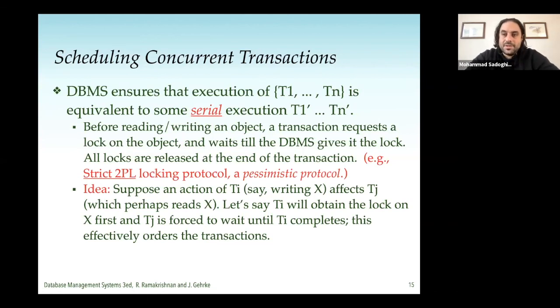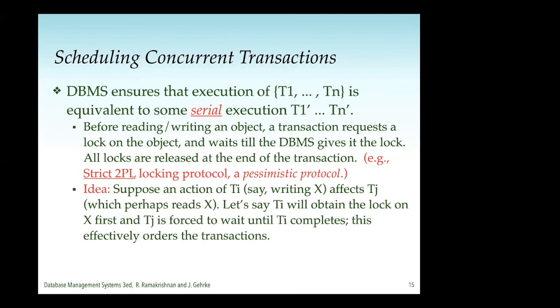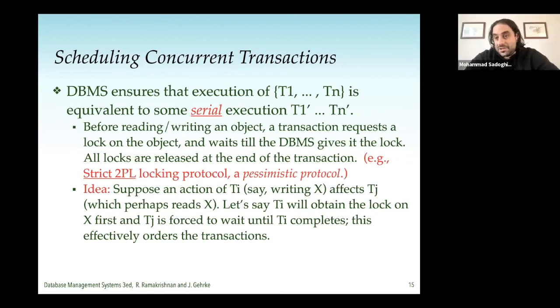Any questions? So when will it be invalid, since it seems like every combination is valid? Not every combination is valid, only if it maps to a serial one. For example, let's say I have two transactions, and each has two operations.